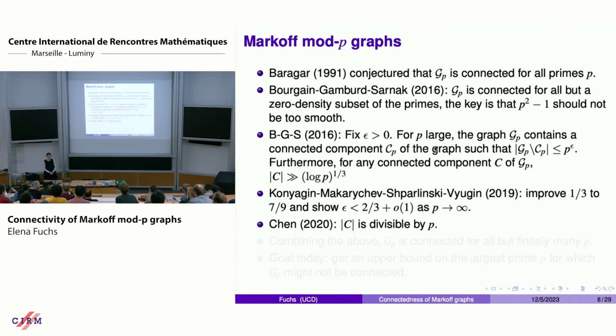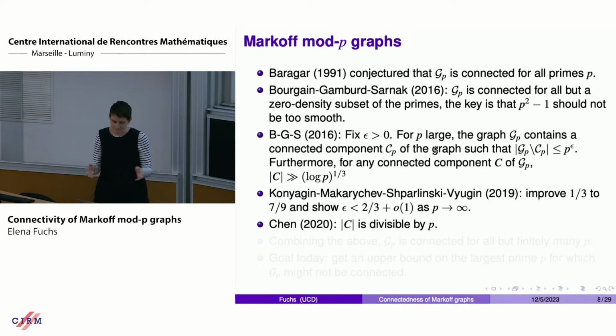It's weaker, right? Yes, but I think they investigate this method of Bourgain, Gamburd, and Sarnak in a little bit more depth, and they're able to come up with these more precise statements. You're right, but if you want, just focus on the 1/3 improvement to 7/9.